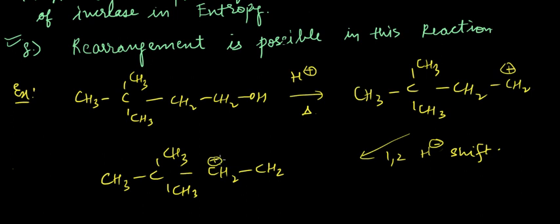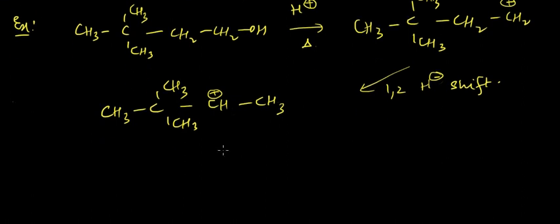Okay, and this will get a positive charge, and only one hydrogen remains here, and that hydrogen actually moved on to this carbon atom. Okay, so now what will happen is, again this compound can actually undergo a 1,2 CH3 minus shift.